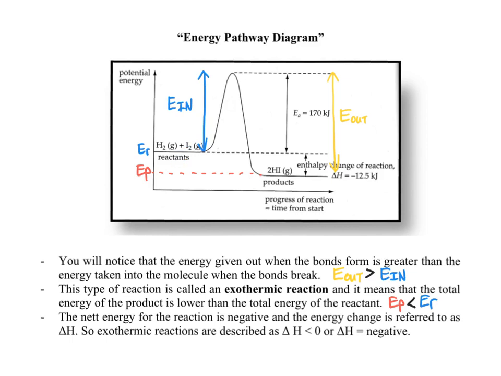Now, where does that difference in energy go to? Well, if the energy of the product which is in the chemical system is lower than the chemical potential energy in the reactants initially, it means the difference must have been transferred outside of the system of the particles to the environment. And the word exo means exit, to go outside, external.